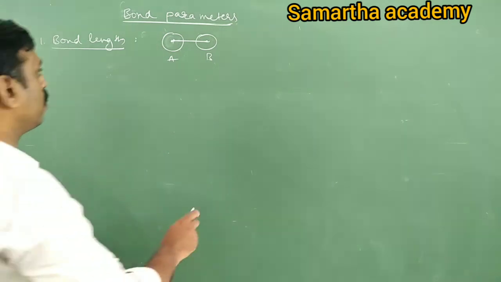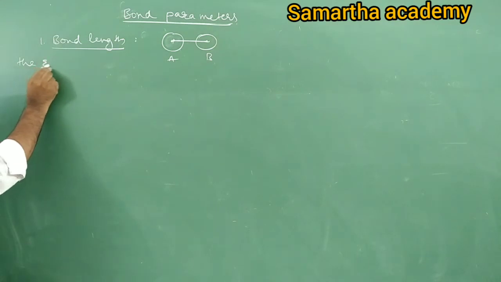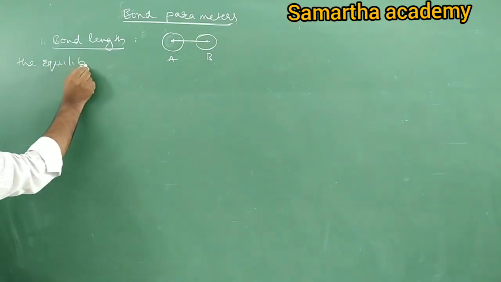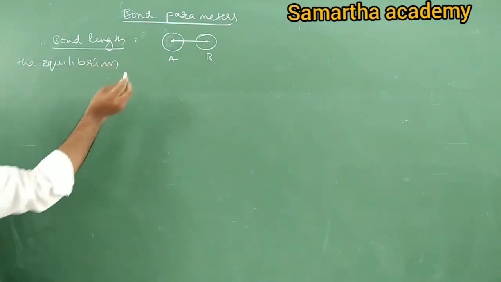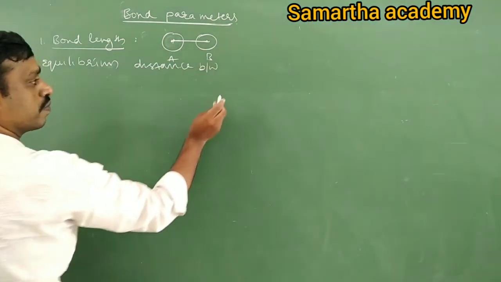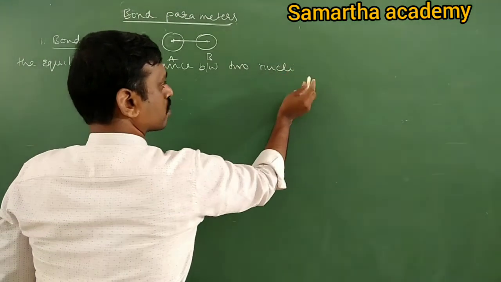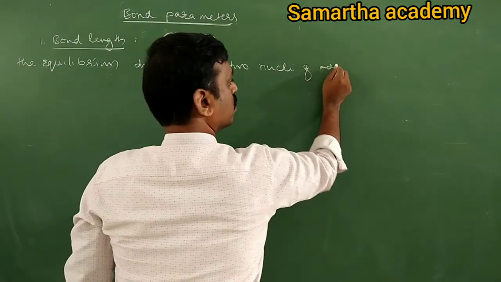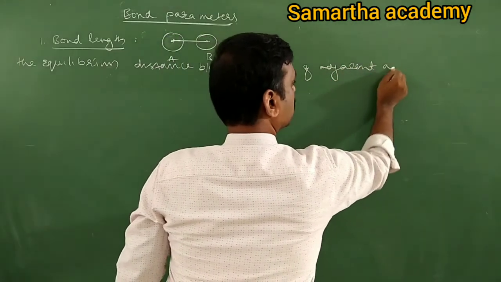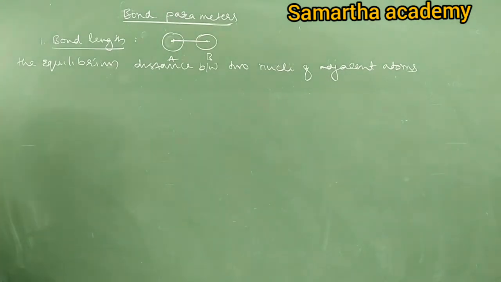So therefore, bond length is nothing but the equilibrium distance between two nuclei of adjacent atoms. The equilibrium distance between two nuclei of adjacent atoms is called bond length.